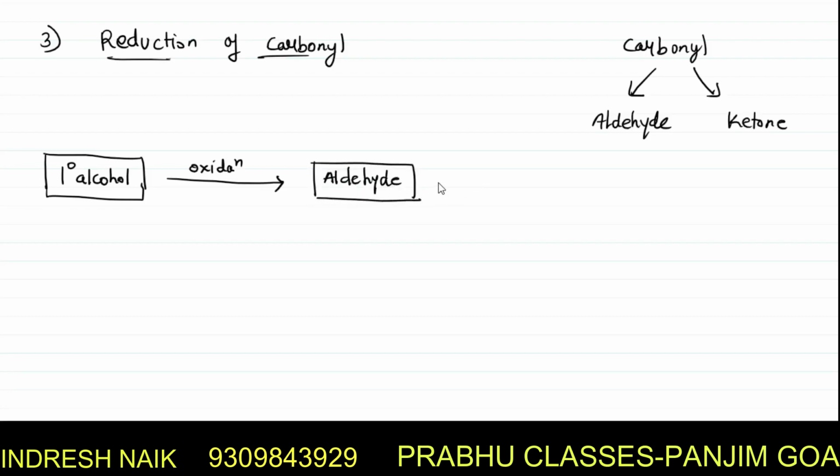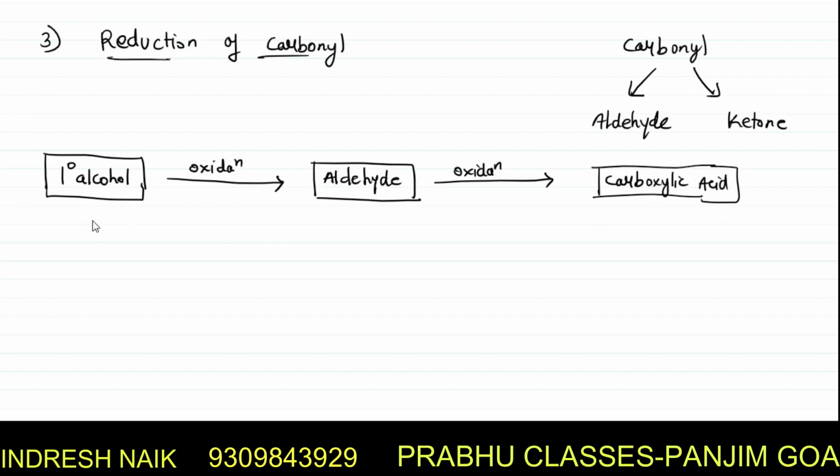Now, if you do the oxidation of the aldehyde further, what you get is a carboxylic acid. Oxidation of the aldehyde gives you a carboxylic acid.